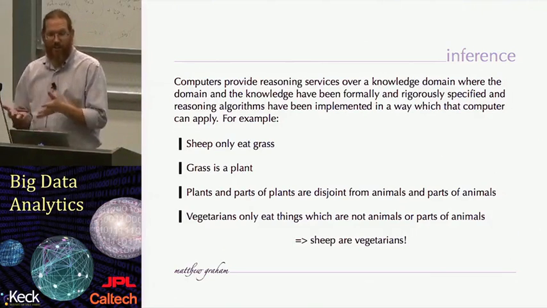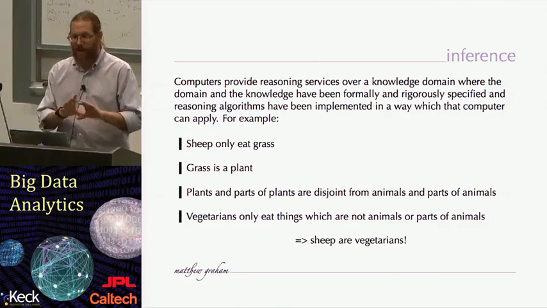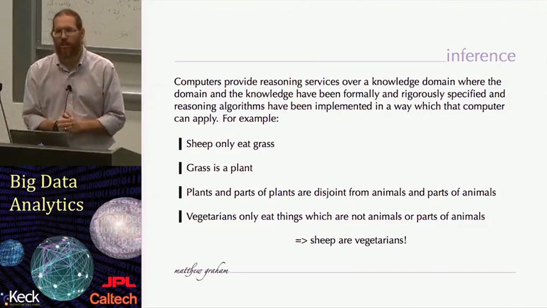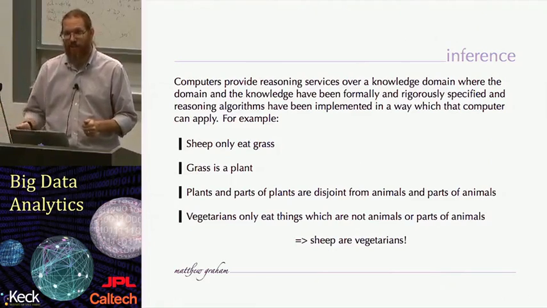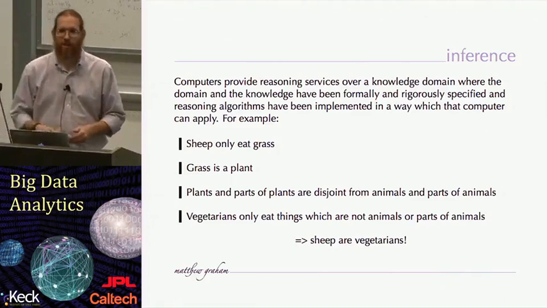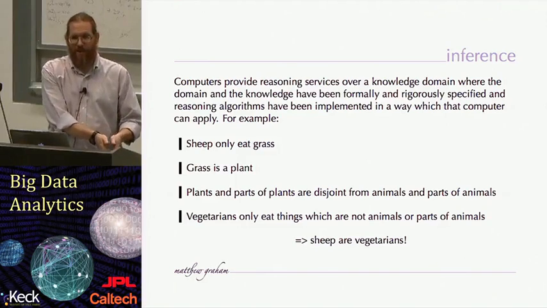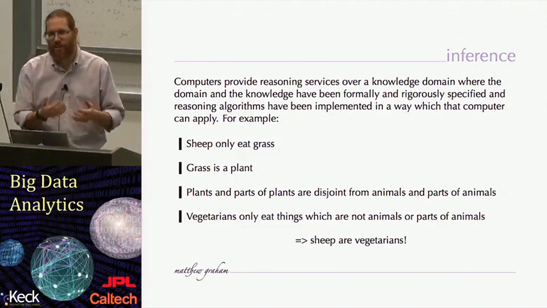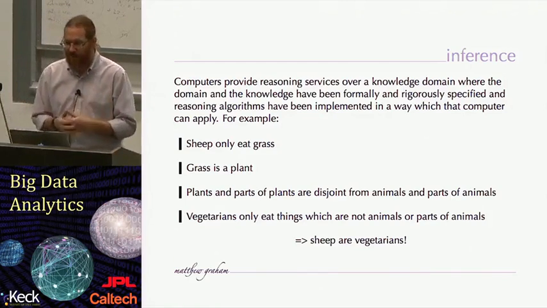We can say vegetarians only eat things which are not animals or parts of animals, and then having encoded those statements up, we can ask our logical inferencing engine to make some inferences, and it can come up with the statement that sheep are vegetarians, which is a logically consistent statement based on the set of statements we've already given it, the set of instances we've already given it, plus the relationship rules and the properties we've defined between those. So that gives a little toy example of the sort of inferencing that you can do.